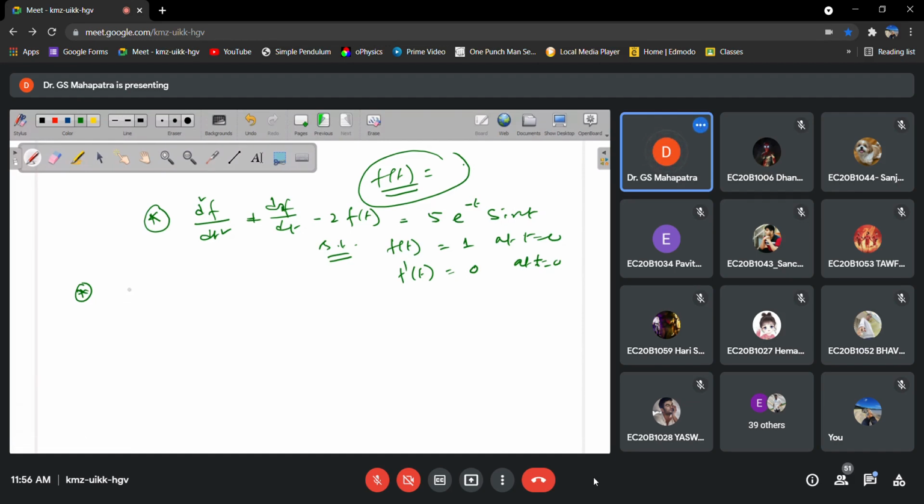Now, d3f by dt3 minus 2 d2f by dt2 minus df by dt plus twice f of t equals, so the right hand side is an easy one. Since it is a third order differential equation, how many conditions do you need? 2 or 3 or 1?